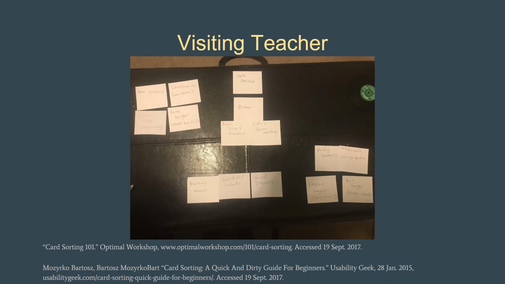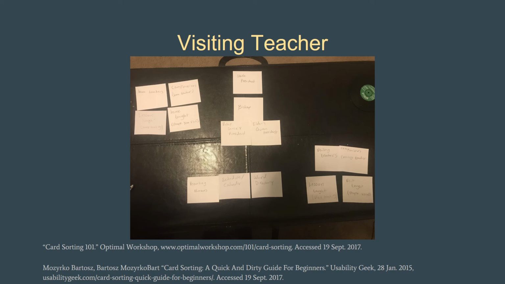So the first person I met with was a visiting teacher. What she did is she first grabbed all the leadership roles and put them together and just named them leadership. You'd go in and just get all the information that you need. And then she put the home teaching and the visiting teachers in separate piles with your companion, the lesson taught, and the home taught, being able to just look at that information very quickly and easily.